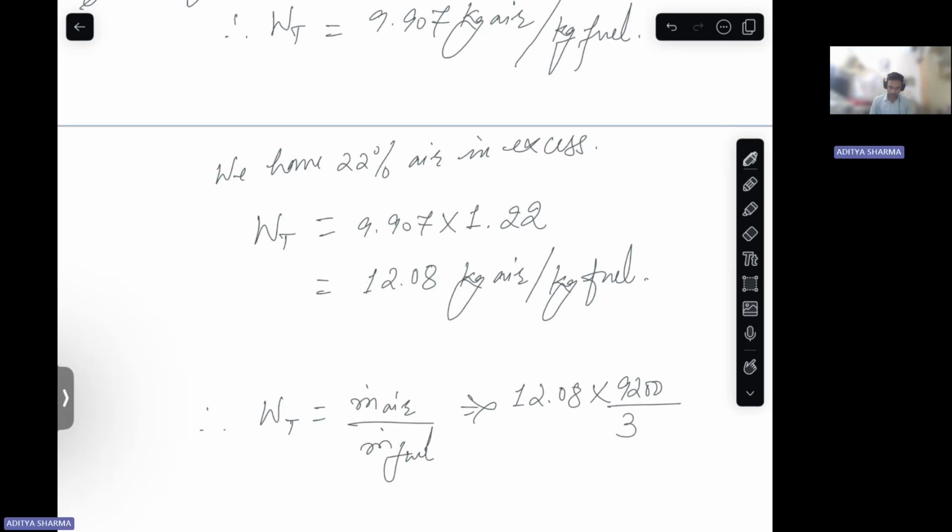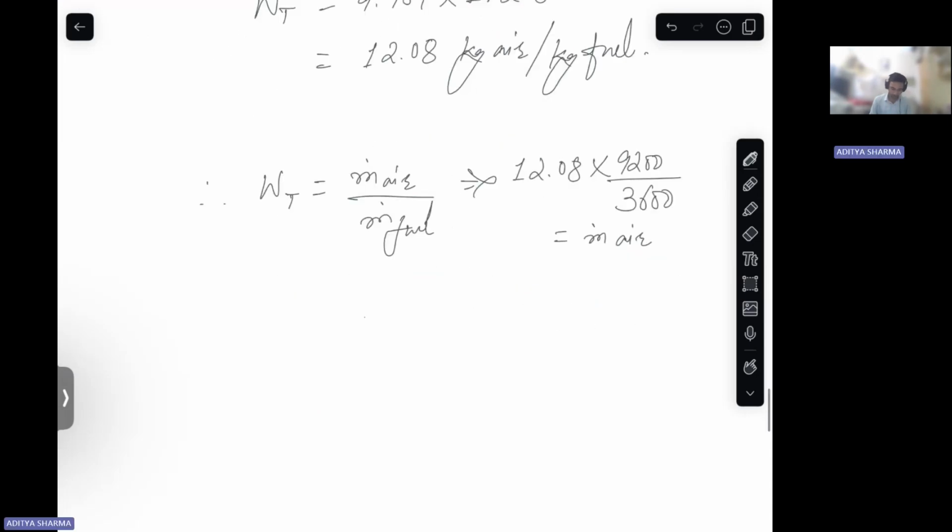Now we can convert it into seconds. So this comes out to be this. So this is equal to your mass flow rate of air. So mass flow rate of air, if you calculate this, it will come out to be 30.87 kg per second. Okay.